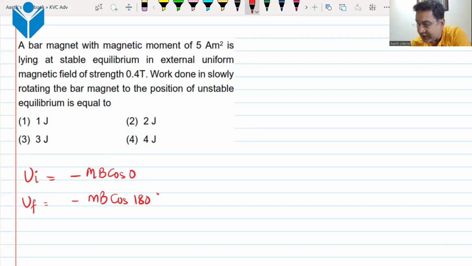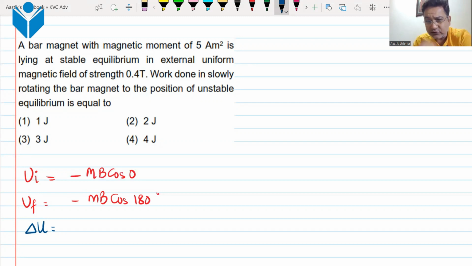Work done in rotating is delta u. If I find out the work done by the magnetic force, it will be ui minus uf. If I find out the work done by the external agent, it will be uf minus ui.